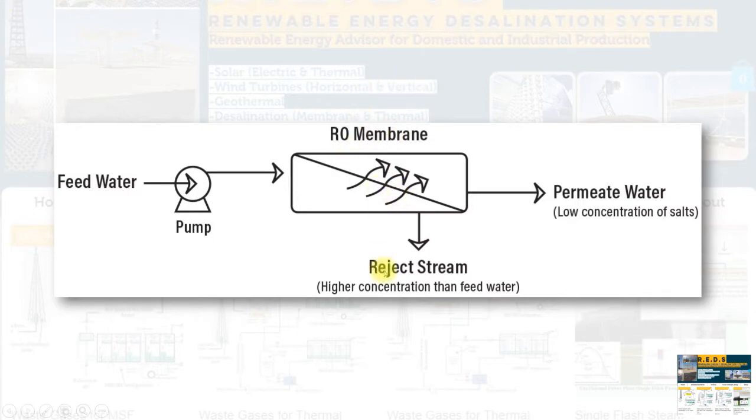So for reverse osmosis, the membrane mainly works to divide the feed stream into two other streams: the rejected stream, which is brine with salinity up to 50s, 60s, and so on, and permeate water, which is fresh water with low salt concentration.